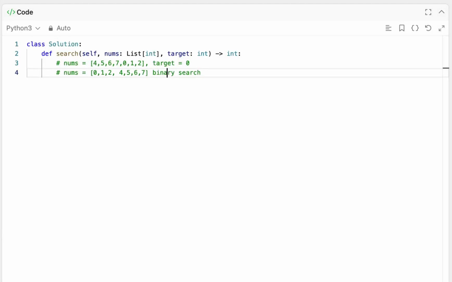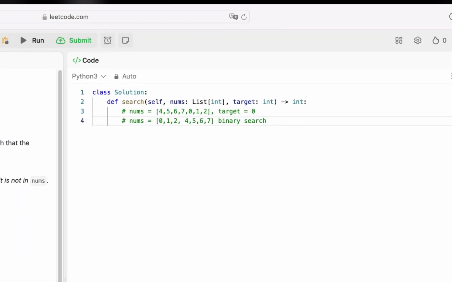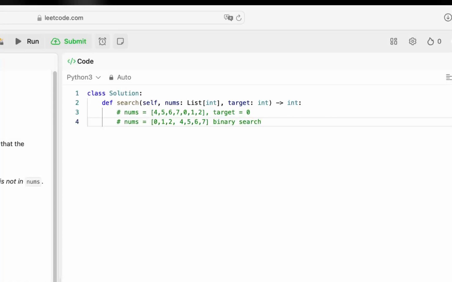Whenever an array is sorted, we know that we can use binary search, and also the expected runtime complexity helps us think of binary search.